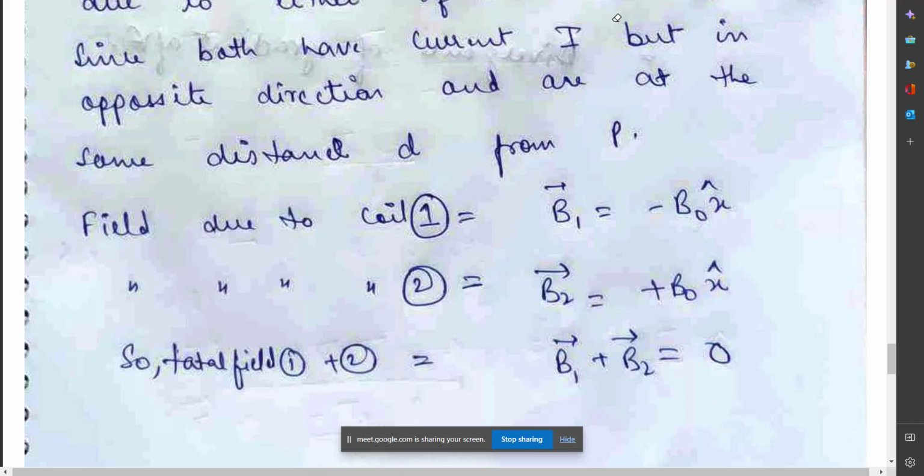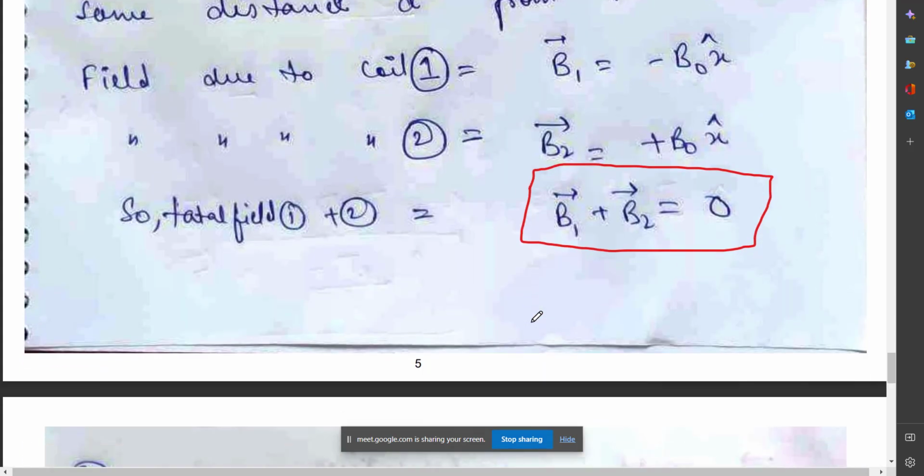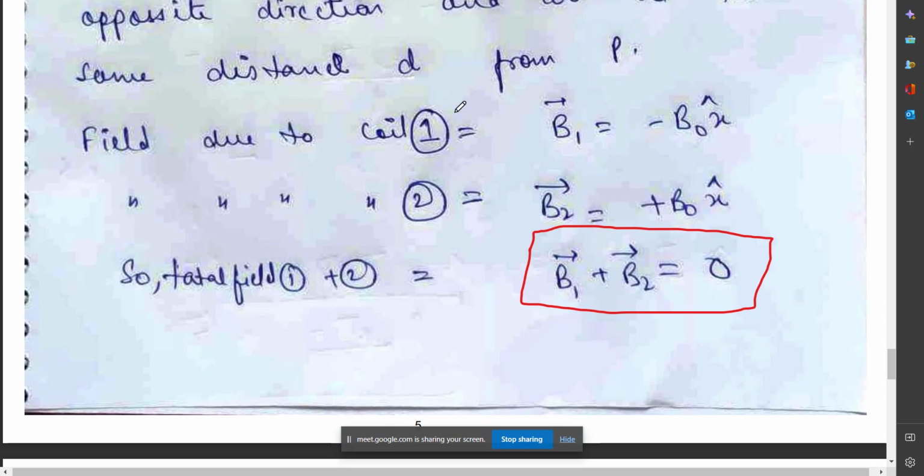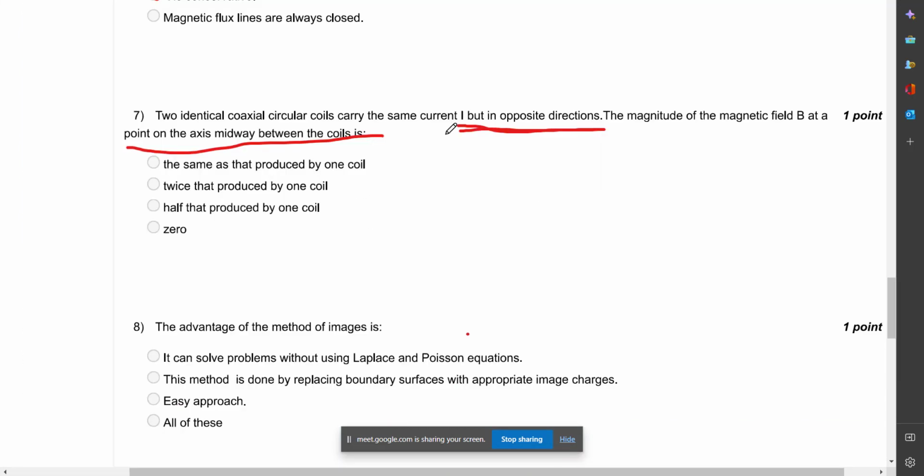This will be our answer. B1 plus B2 is equal to 0. Why?